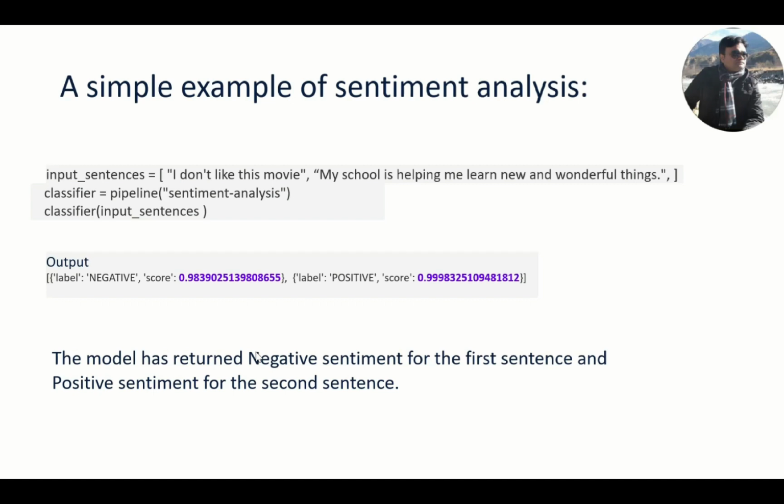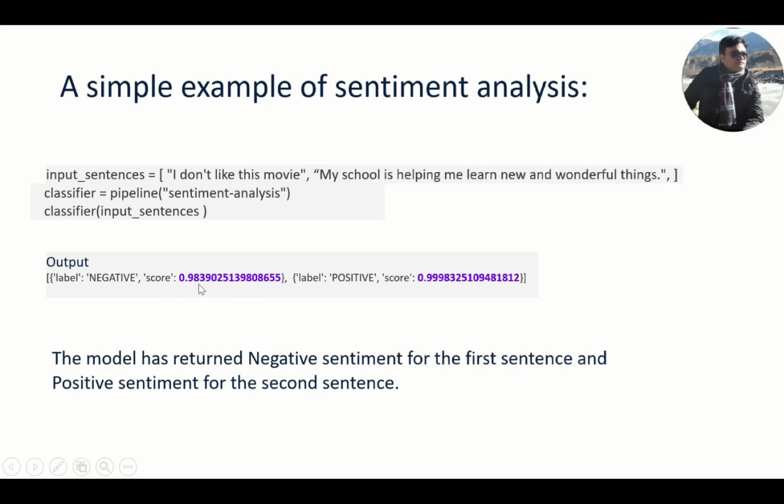Here I will show you a small demo for sentiment analysis. For that I will use the Jupyter notebook. First of all, we need to understand what we are doing. We are doing sentiment analysis on this input text, and it is giving us the score of negative and positive sentiment.